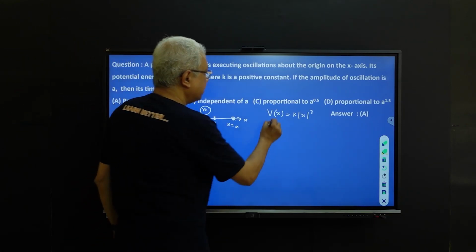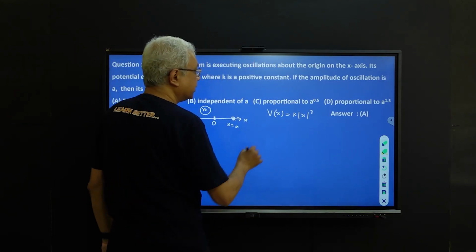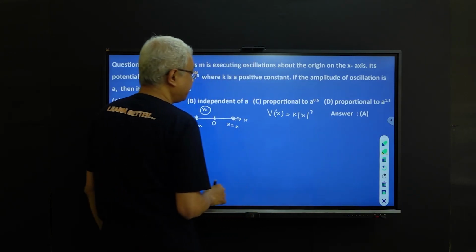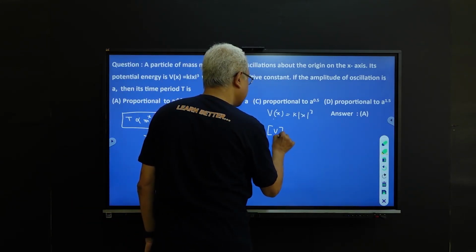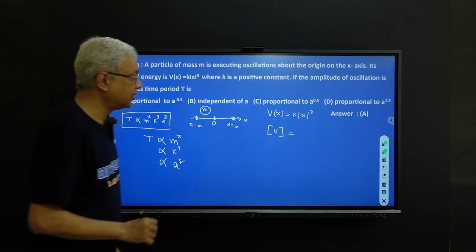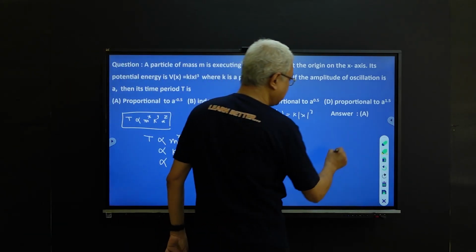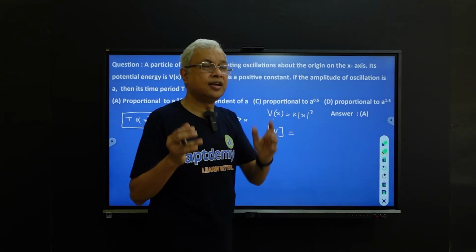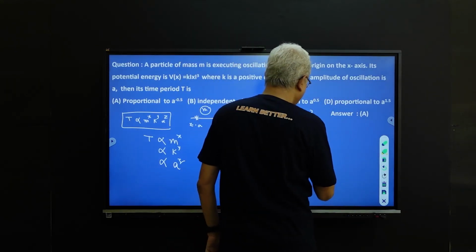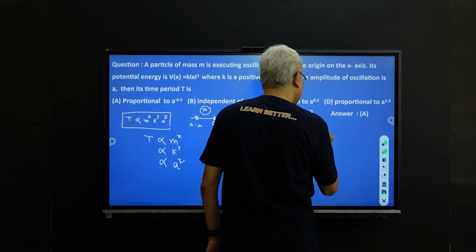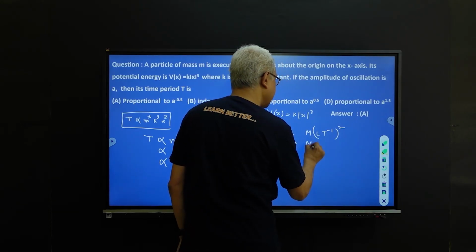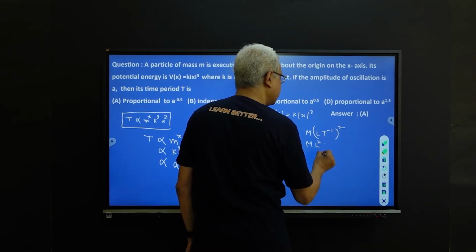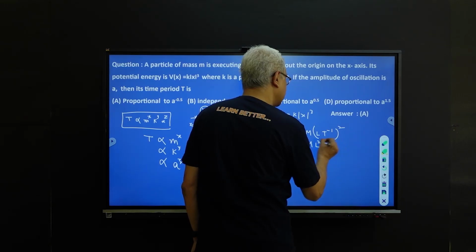Now, this is the potential energy. What is the dimension of k? The dimension of V is that of energy. And what is the unit or dimension of energy? It is mass into velocity square. So it is M L to the power 2 T to the power minus 2.